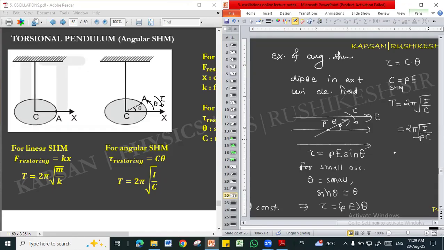Similar to this, we can have a magnetic dipole oscillating in a magnetic field.